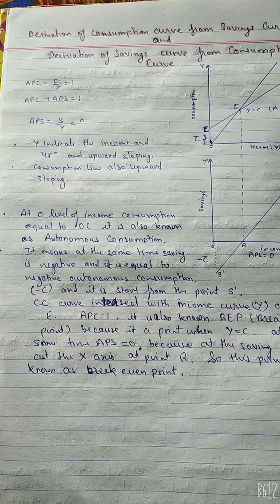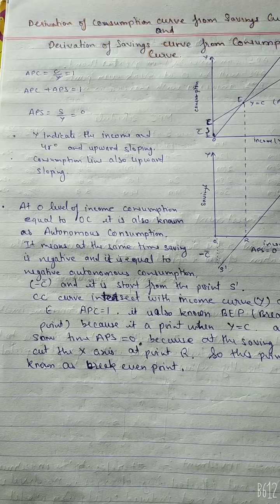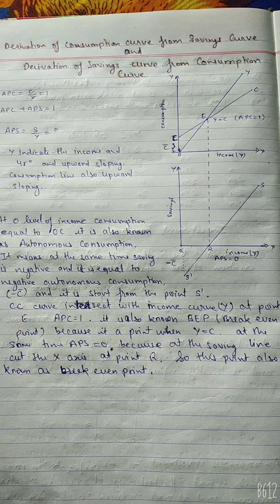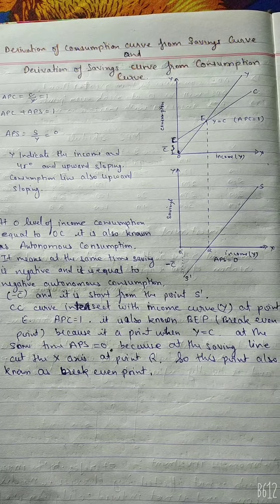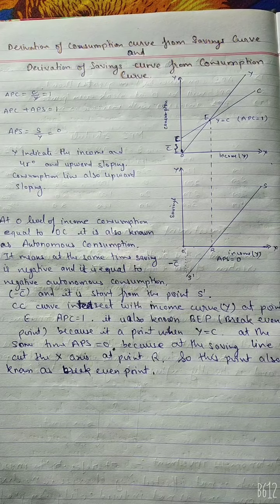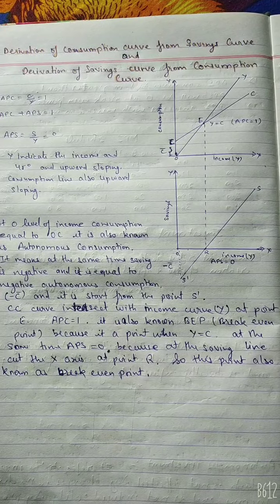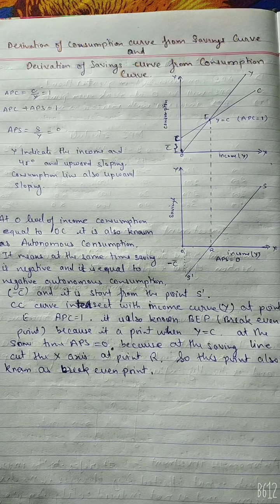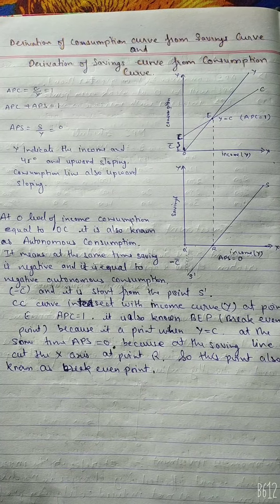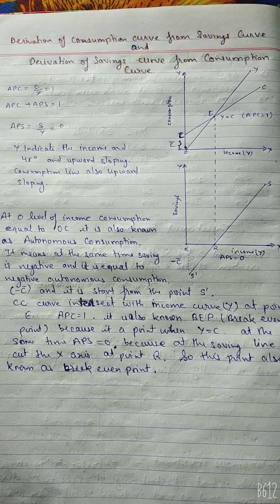Now we discuss the steps to derive the saving curve. At zero level of income, OC is the autonomous consumption, and therefore OS dash will be the dissaving, meaning negative autonomous consumption, which is the starting point of the saving curve.